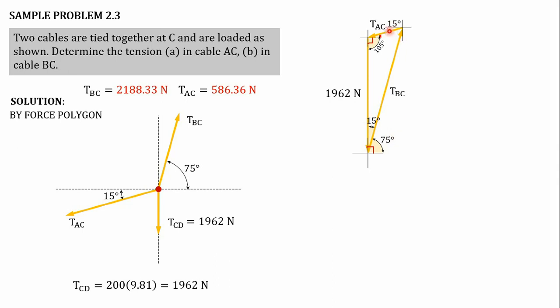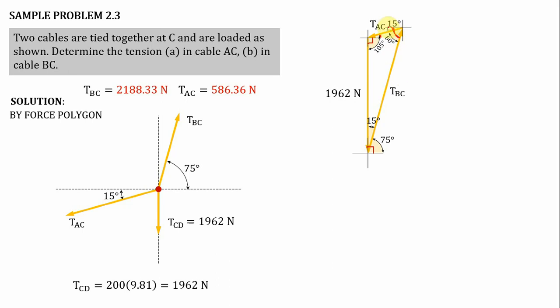To solve this angle, that is 180 minus 120, and that is equal to 60 degrees. And to check, since 75 degrees yan, by rule of elevation in trigonometry, this is also 75 degrees.